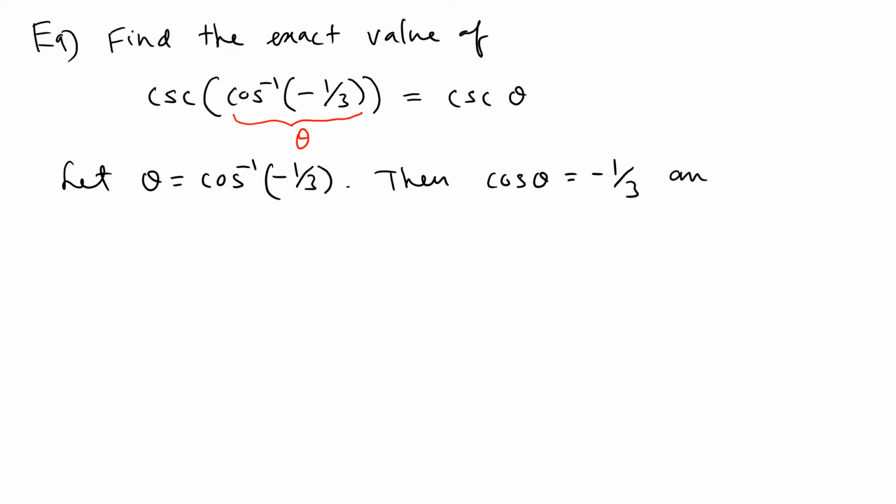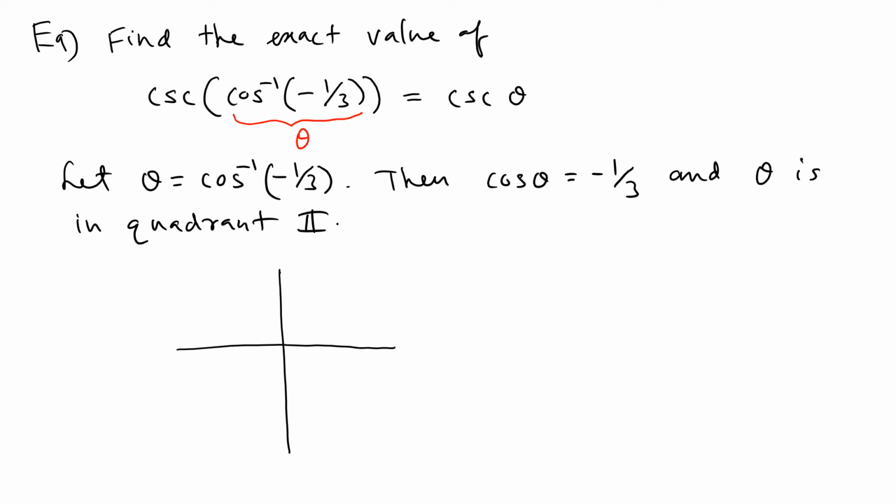If you consider the range of the cosine inverse function, theta has to be in the second quadrant. And then we can draw the angle.